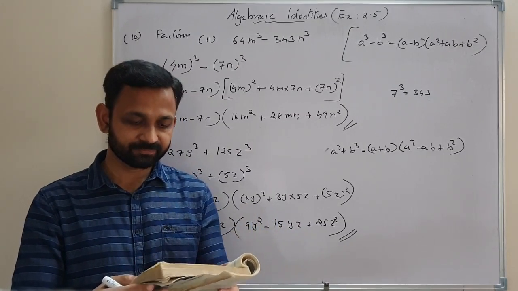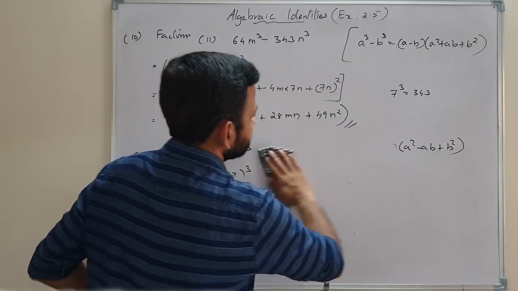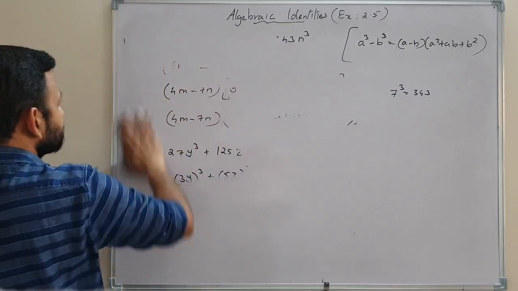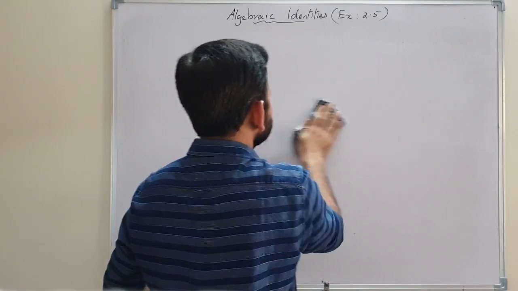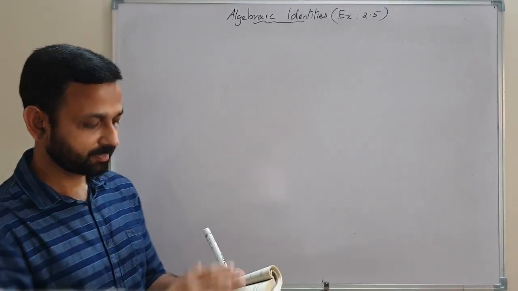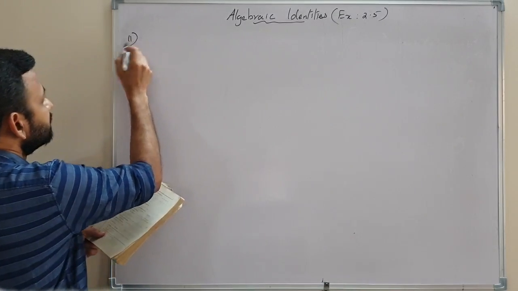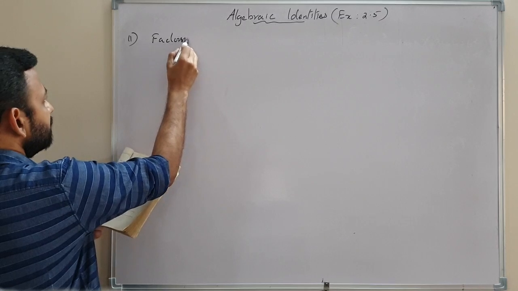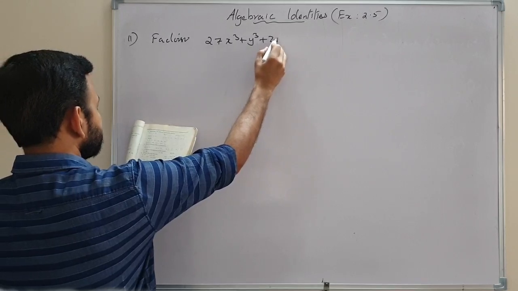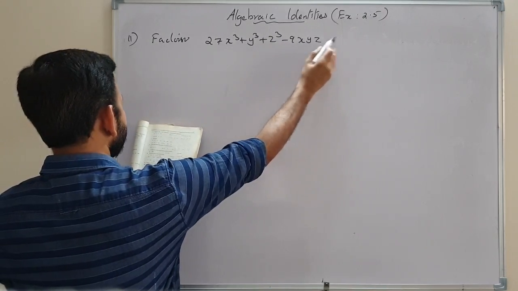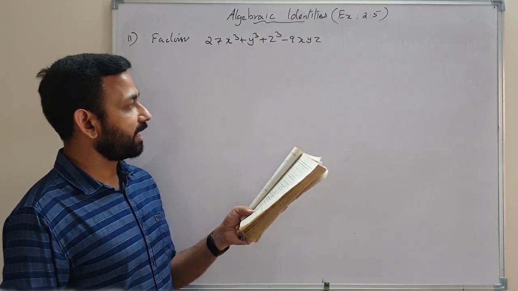Now question number 11. Eleventh question: factorize 27x cube plus y cube plus z cube minus 9xyz.